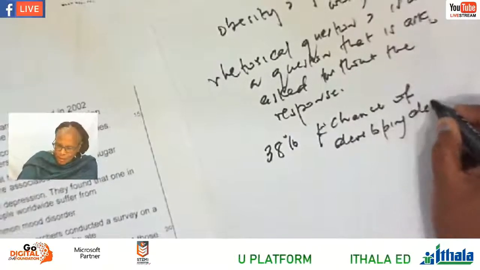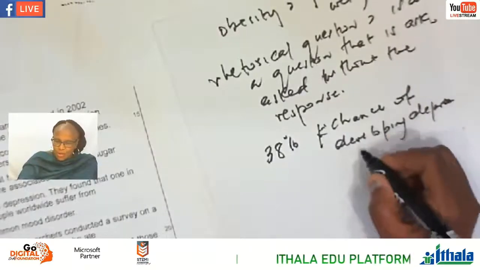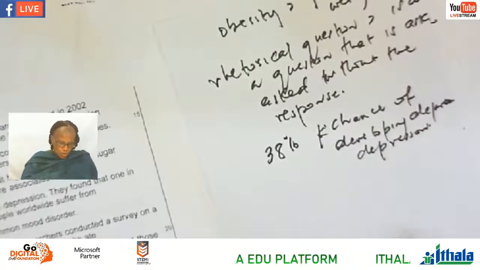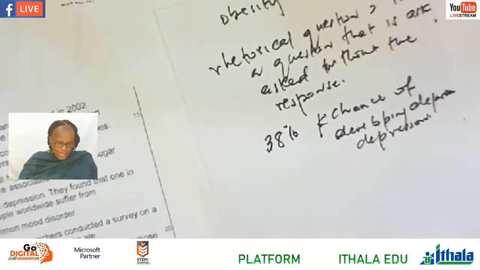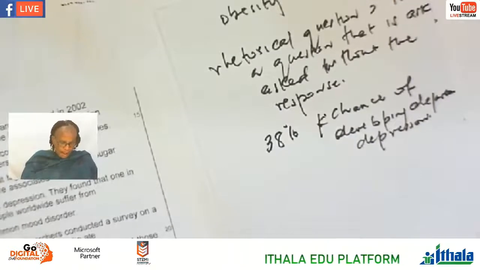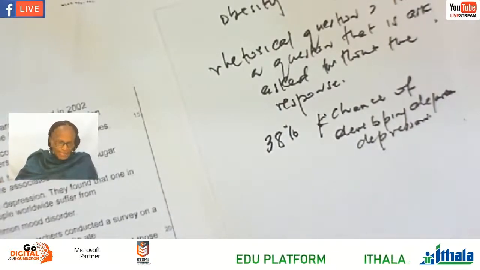What does that mean? It means it is really not good to consume a lot of sugar, because they found that 38% of these people who ate factory-baked foods had a chance of developing depression.